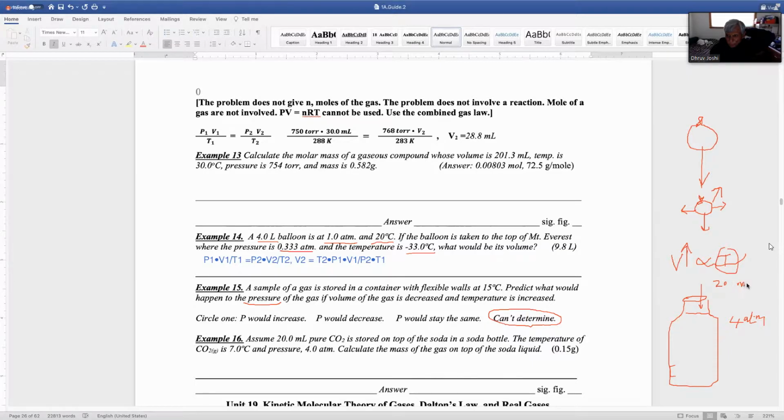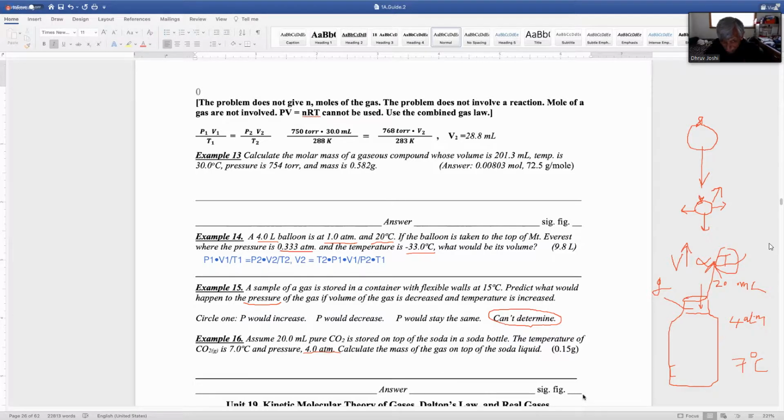This is true for some soda bottles. And the temperature of CO2 is 7 degrees Celsius. It was kept in the refrigerator for a while, so the temperature decreased. And the pressure is 4 atmosphere. That's a lot of pressure. That's why when you open a soda bottle, the gas escapes, because it is under a lot of pressure. Calculate the mass of the gas on top of the soda bottle. How many grams of gas?